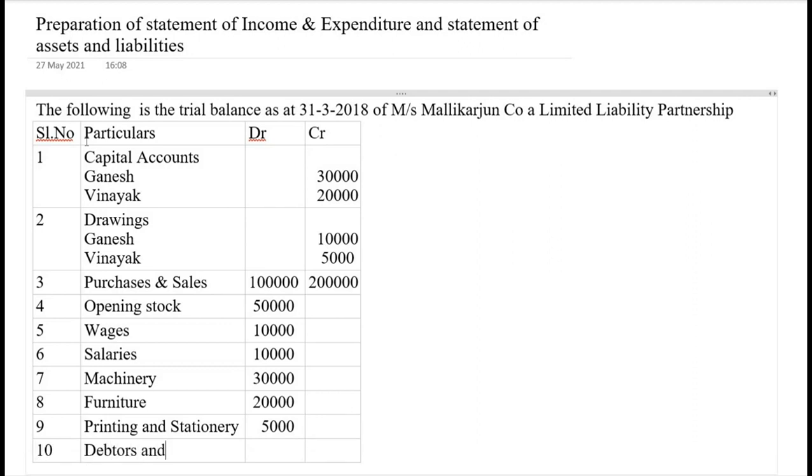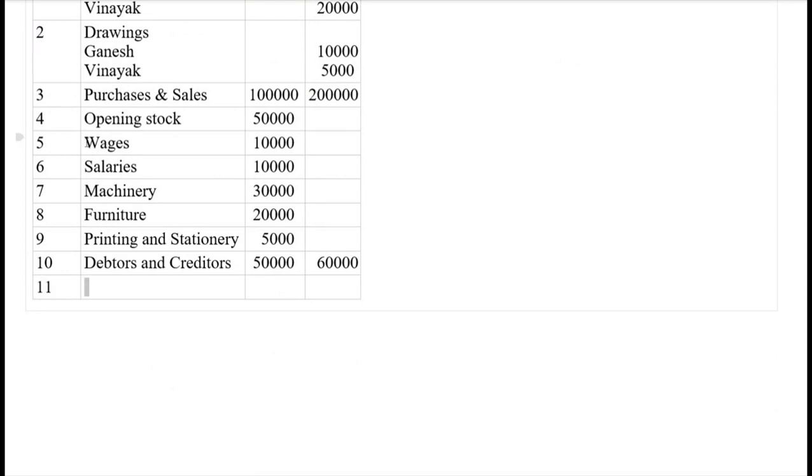Debtors and creditors, rupees 50,000, then 60,000, then cash in hand rupees 20,000. The total of this will be 3,10,000, 3,10,000.